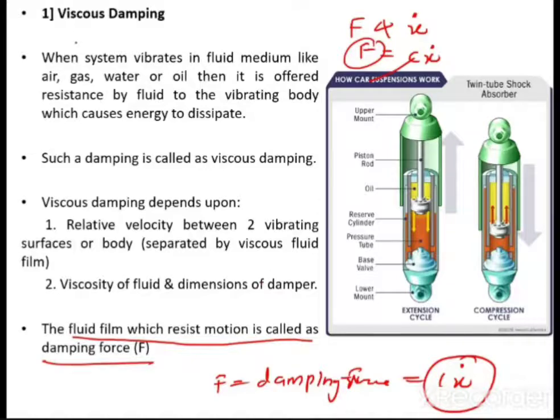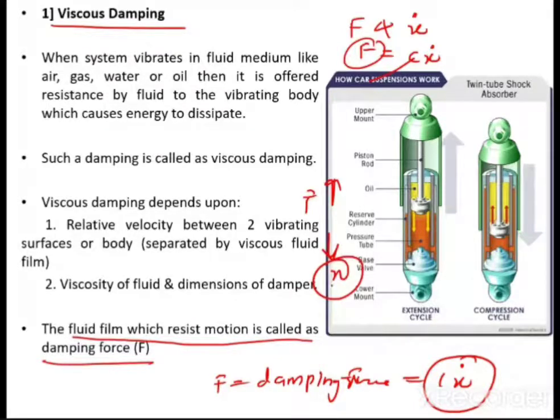In case of viscous damping, forget about the Coulomb damping or frictional damping. The resistance to the motion offered by this fluid film is called the damping force, and this damping force F is opposite to the motion x. Means what?